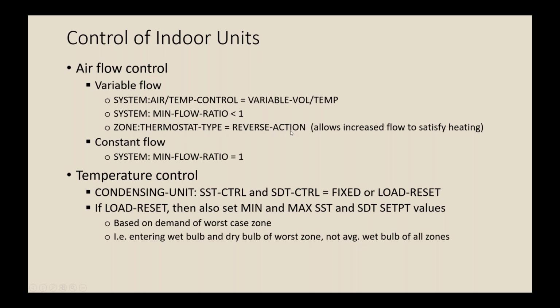So it can actually allow the airflow to rise in order to satisfy heating loads, since there's no baseboards or anything like that in the model. And then constant flow, when I set this up for my modeling, I think I just kept it the same, but set the min flow ratio to 1 to force it to be constant flow.